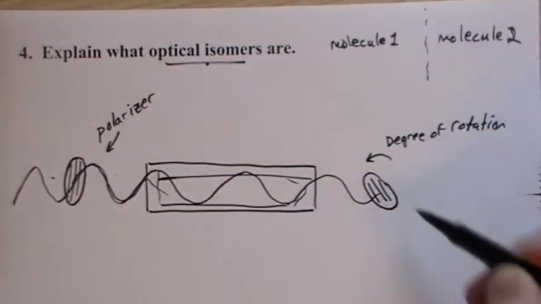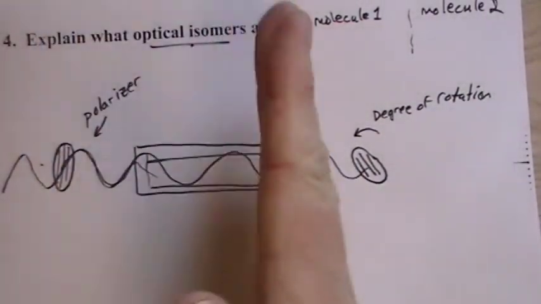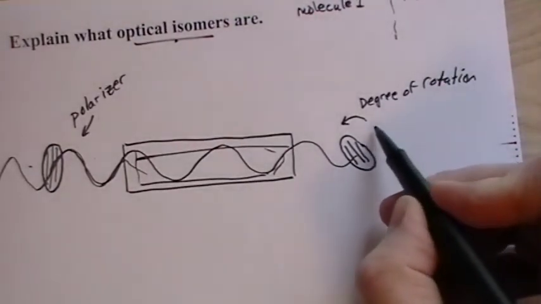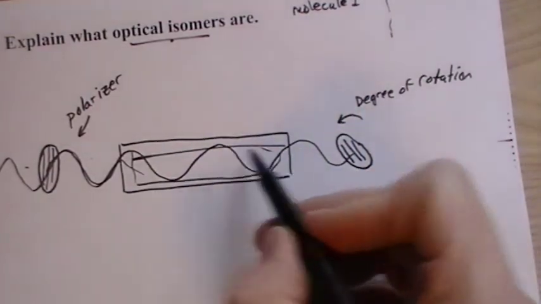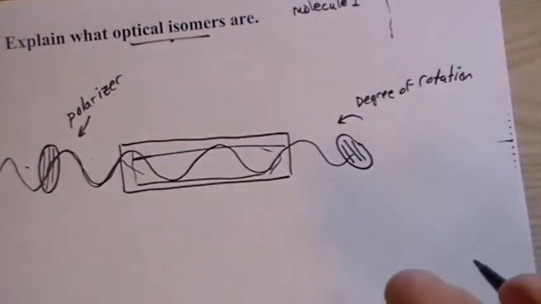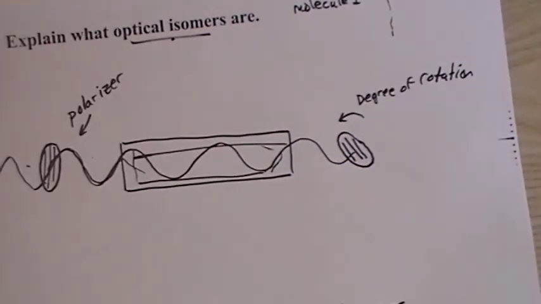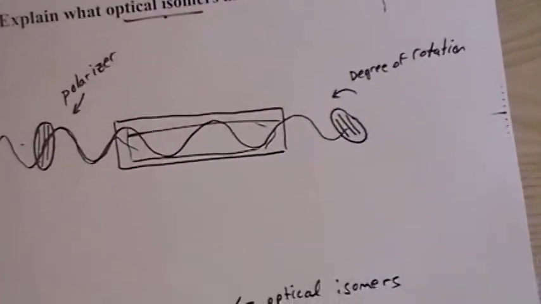As the light goes through, this plane of light gets tilted, and the degree of rotation is measured for each optical isomer. If one isomer rotates it one way, the other isomer will rotate it the other. It's so subtle that that's really the only way of noting the difference, is if they affect plane polarized light.